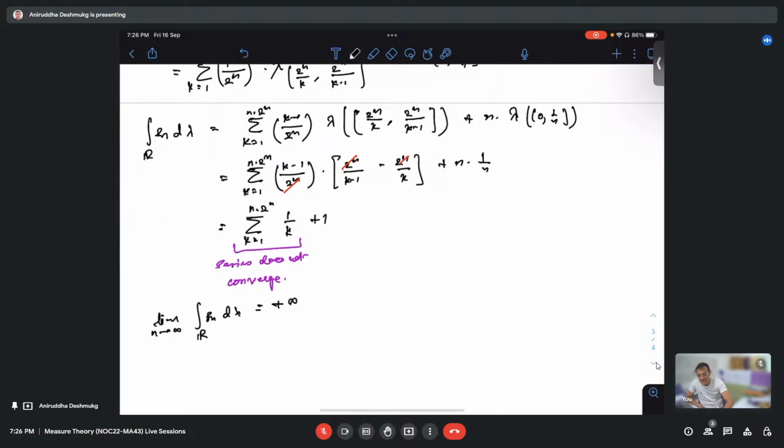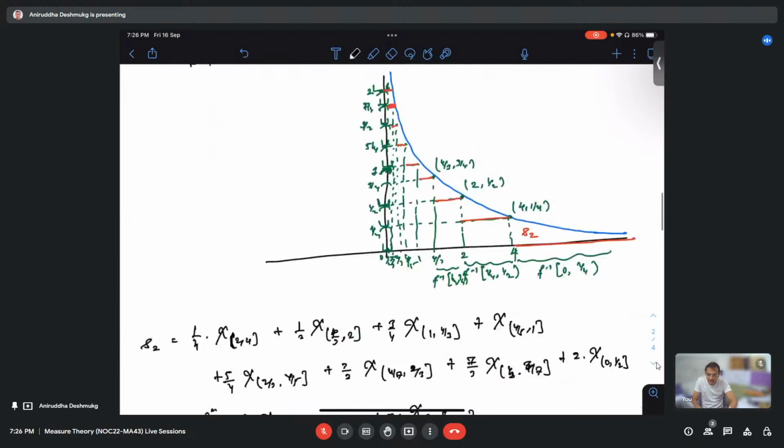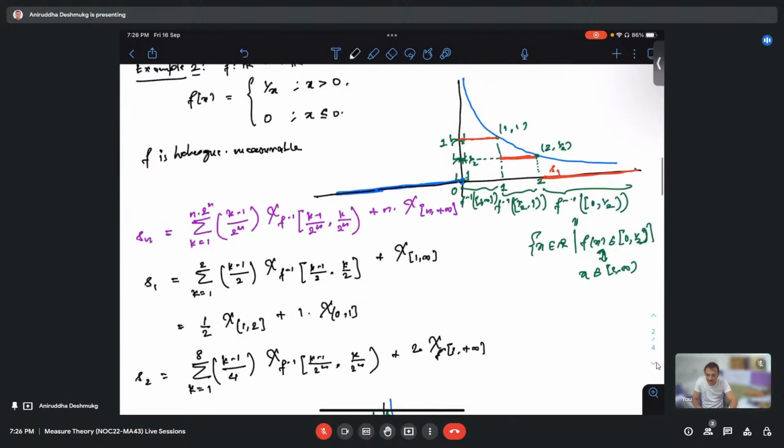This must be plus infinity. And by definition, the integral of f d lambda over R is the limit as n goes to infinity of the integral of Sn d lambda over R, which is plus infinity. That means we have an example of a measurable function which is not integrable.